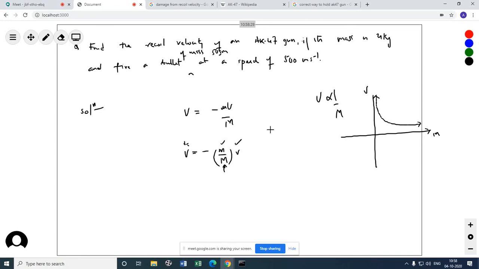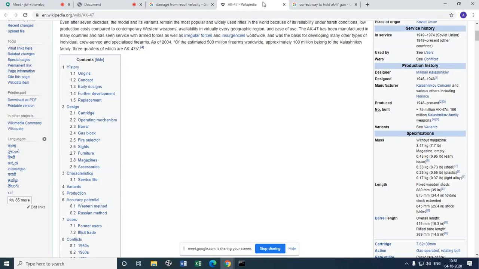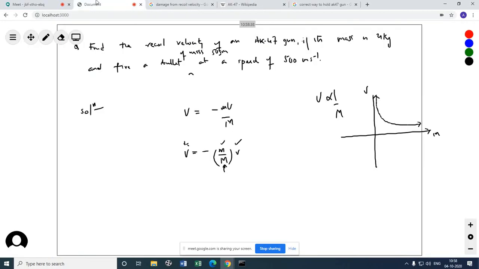But if capital M decreases, v will be more. So if you try to hold the gun very far away from your body and then fire, you will get a huge back recoil velocity. But again, when you hold it to your body properly and steadily, definitely you will get what? You will get less impact, right?